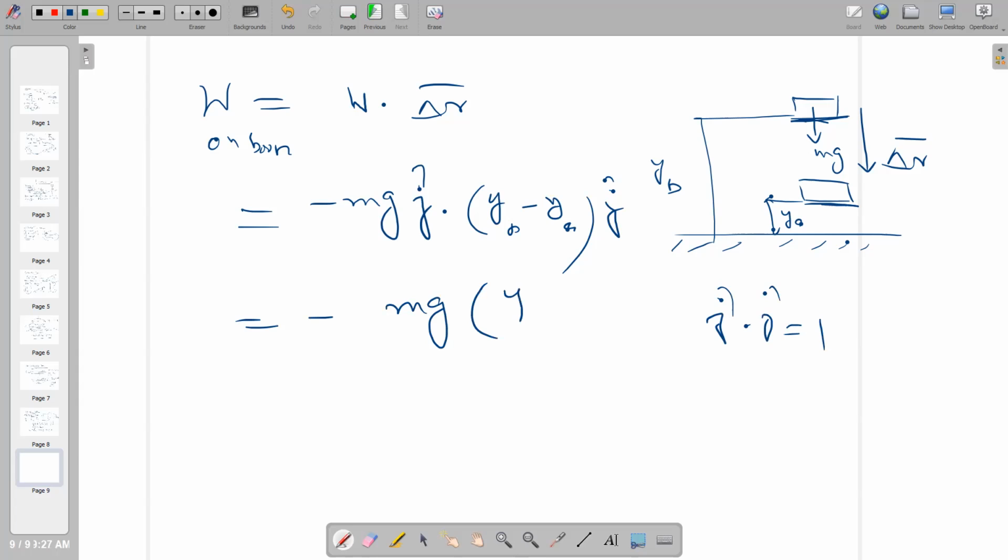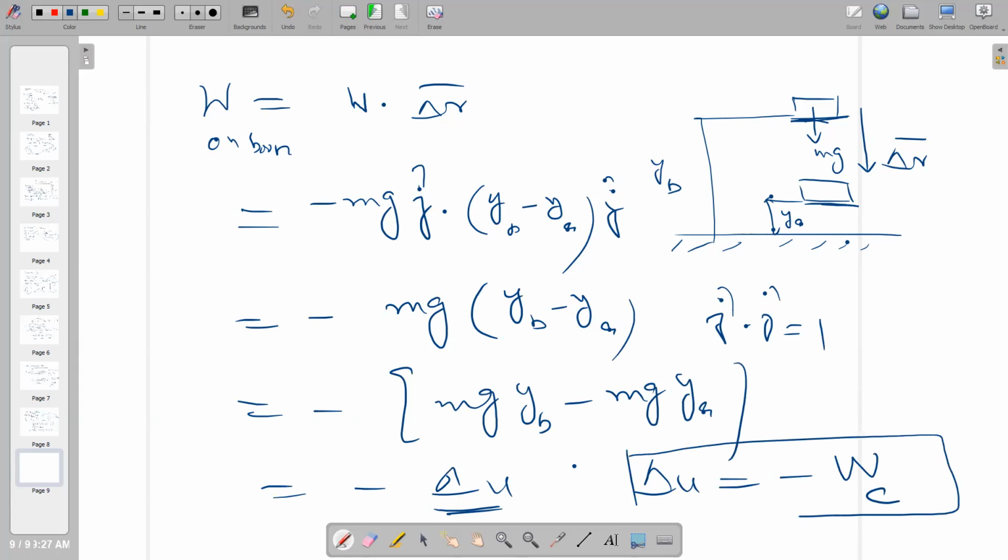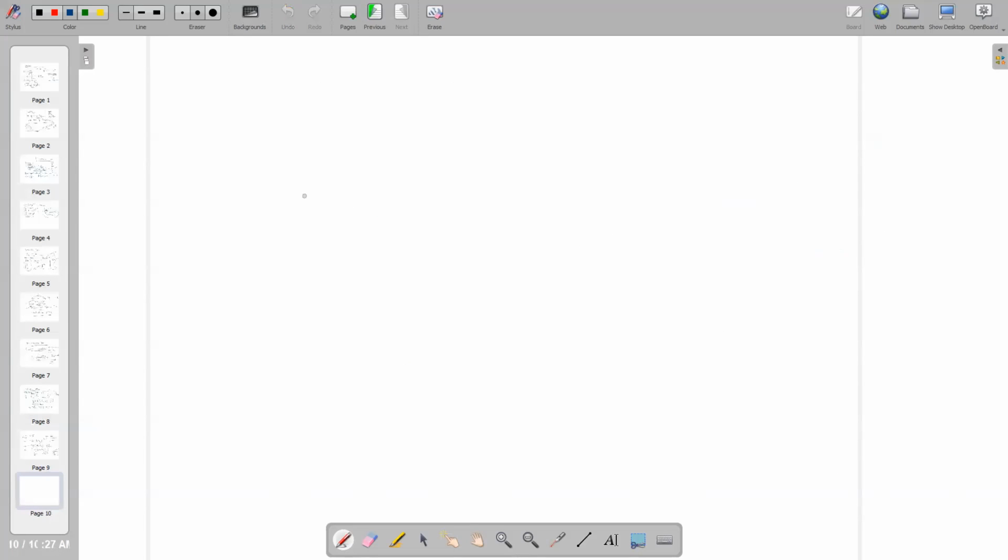So minus mg into YB minus YA, which is minus mg YB plus mg YA, and this is equal to minus delta U. So remember that the change in potential energy is equal to minus the work done by the conservative force. This is the formula you have to remember.